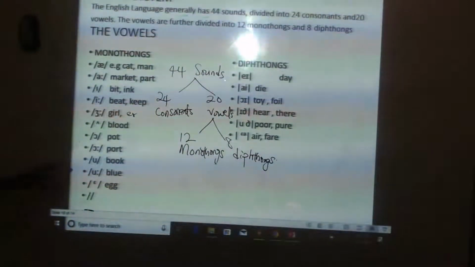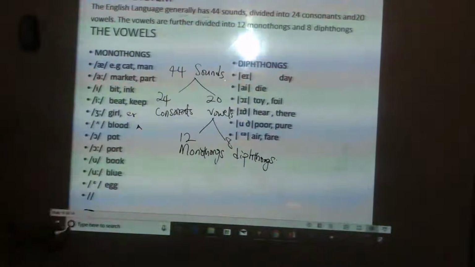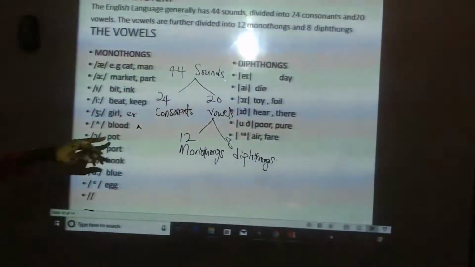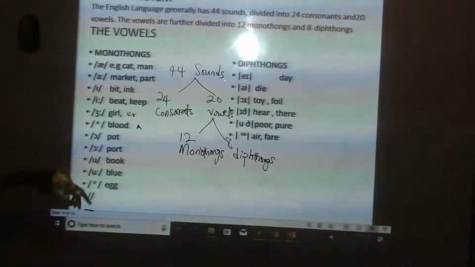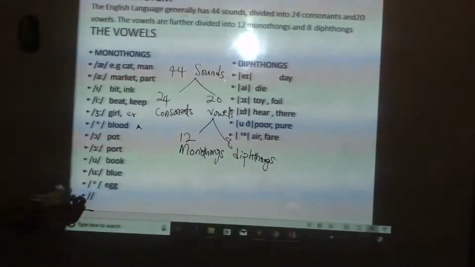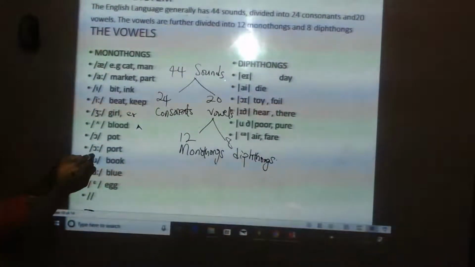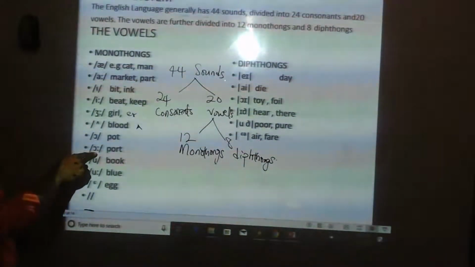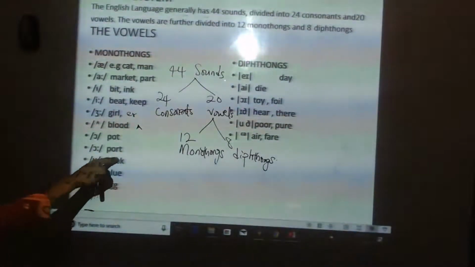The next we have what we call the back R sound. For example, blood. See, we have the short o sound, and we see it in the word pot, pot. And we have the longer o sound, which is aw, and we see it in the word airport.